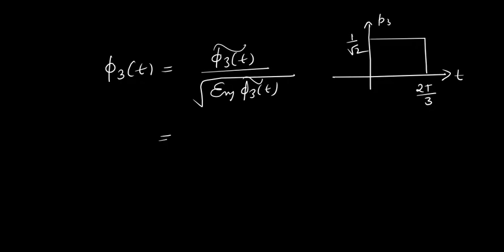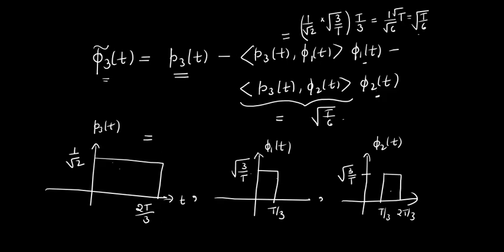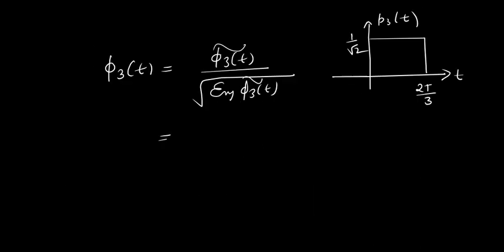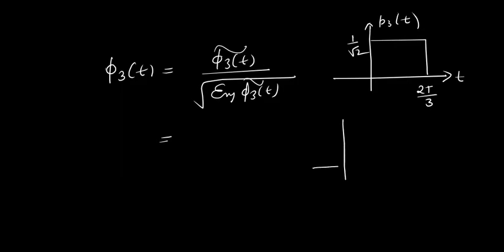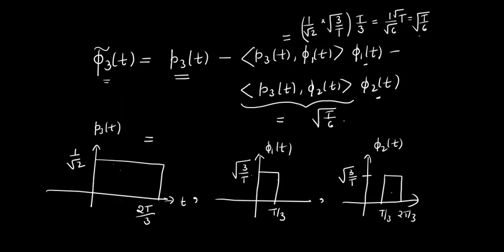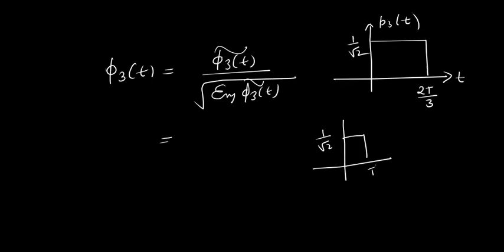this is your P3T, and your aim is to subtract it with this root t by 6 of this. So, if you multiply this and this, you will have square root of 1 by 2 and t by 3. ये क्या हो गया?